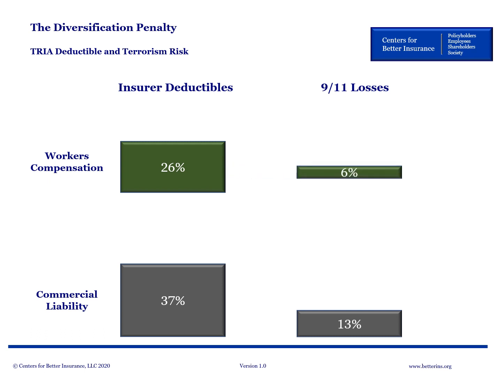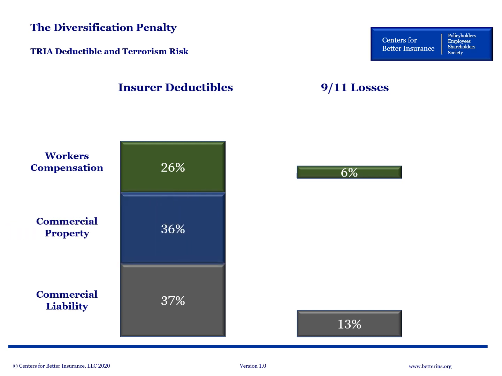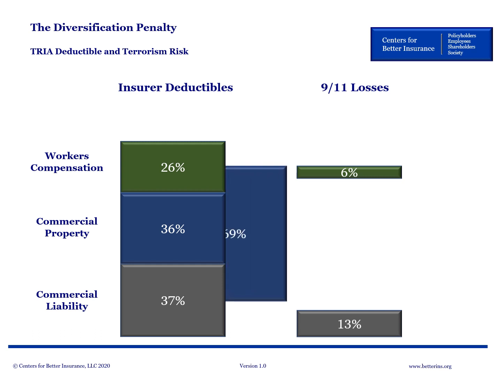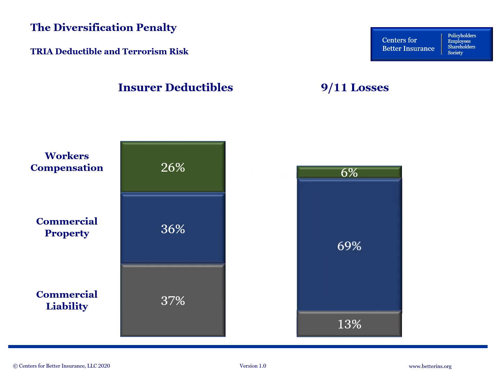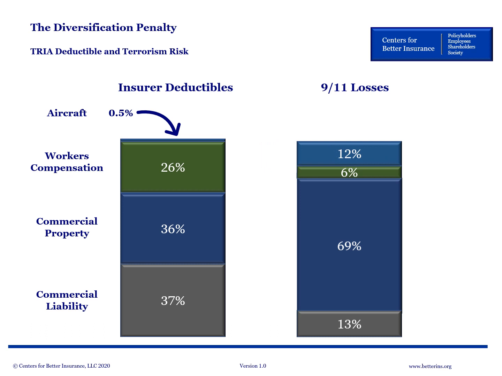On the other side, commercial property premium contributes only 36% to insurer deductibles, but 69% of September 11 losses. The aircraft line of business is even more pronounced. Premium for aircraft coverages makes up a mere 0.5% of insurers' backstops, but drove 25 times that proportion of September 11 loss totals. What does this tell us?